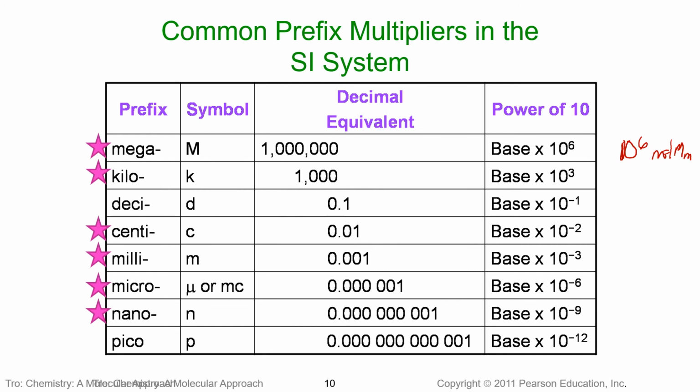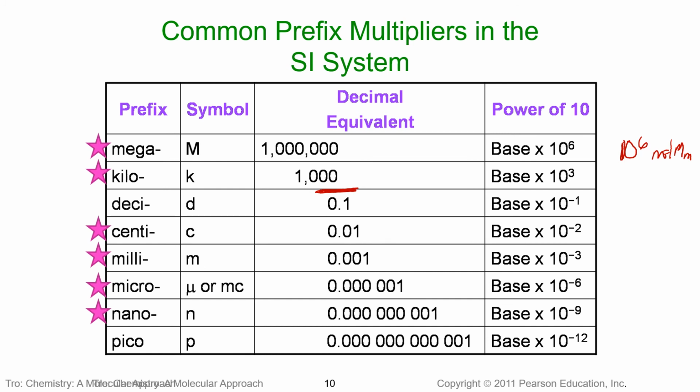Our base unit falls in the middle here, so that would just be 1. If you're talking meters, it would be 1 meter. And then we get smaller. A centimeter is 1/100th of a meter. A millimeter is 1/1,000th of a meter. A micrometer is a millionth of a meter, and a nanometer is a billionth.